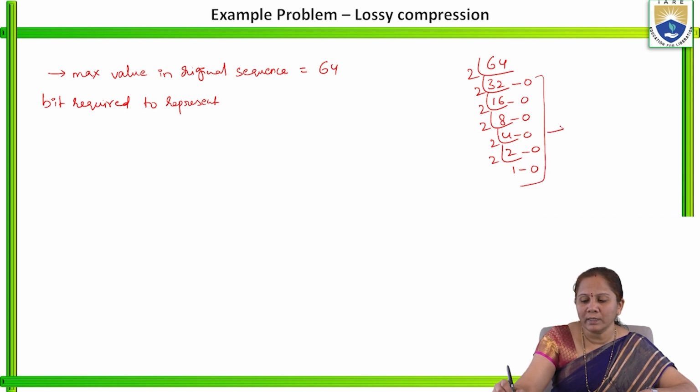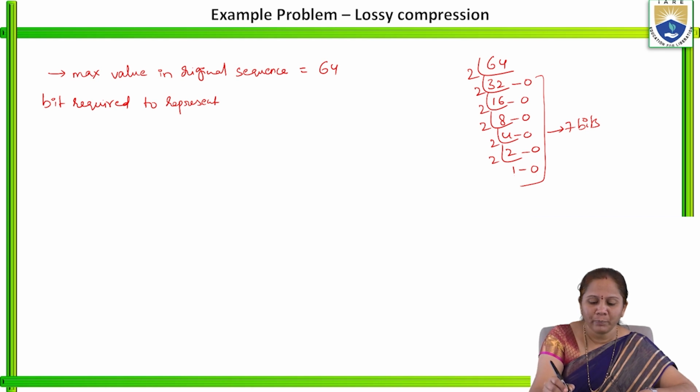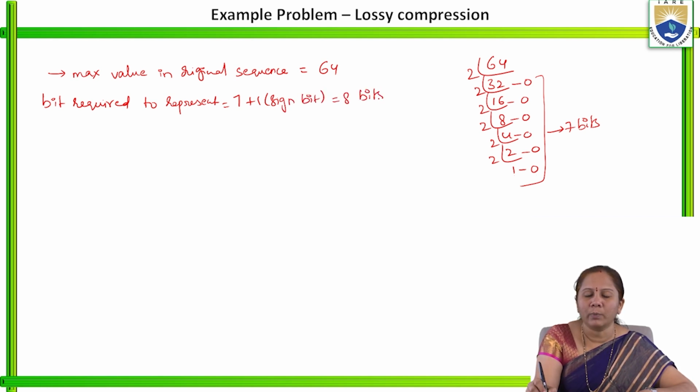So totally 7 bits are required to represent this 64. But along with the 7 bits, one extra bit will be included as the sign bit. So 7 plus 1 sign bit, totally 8 bits are required.